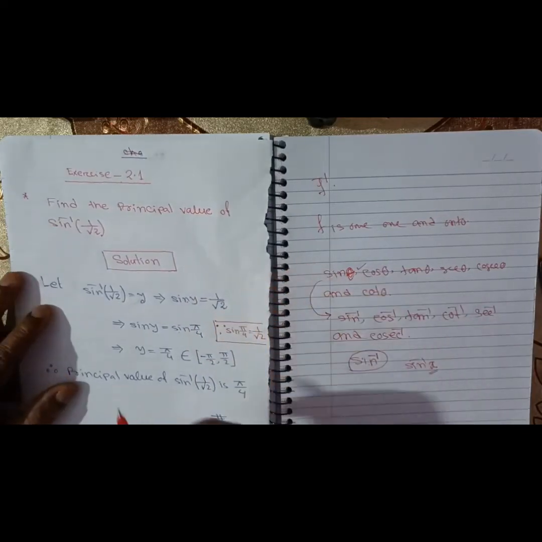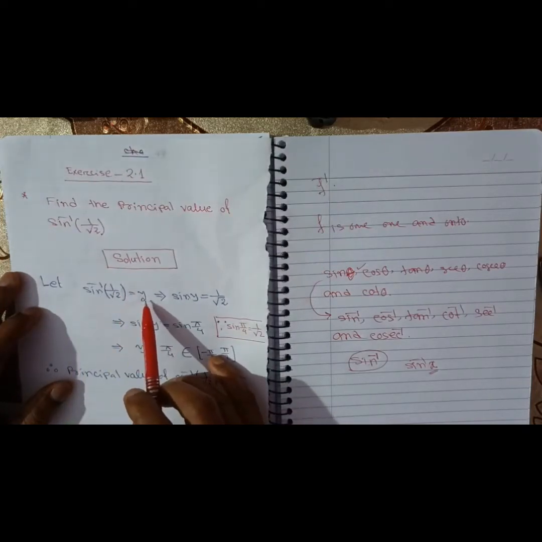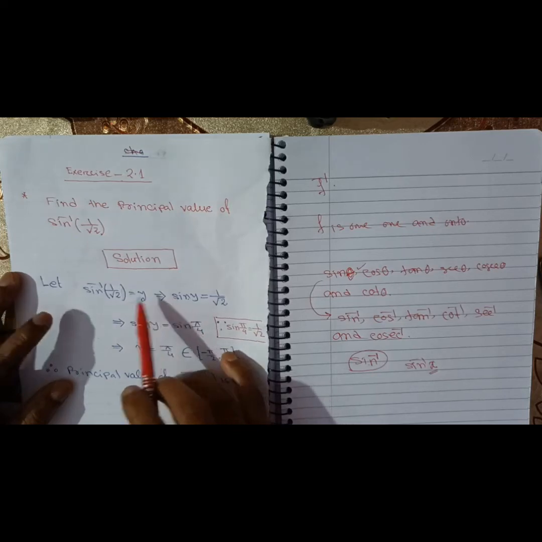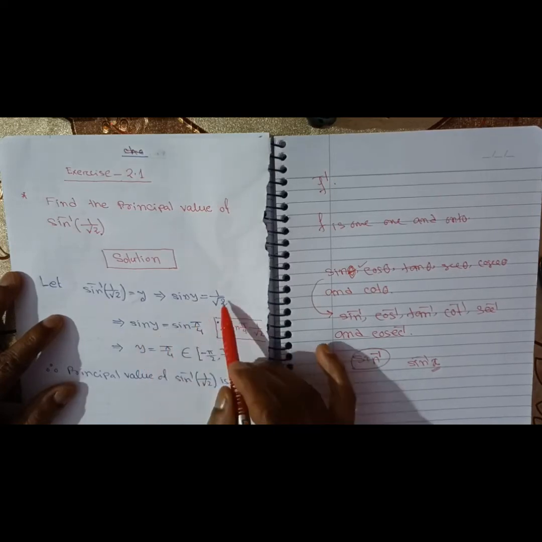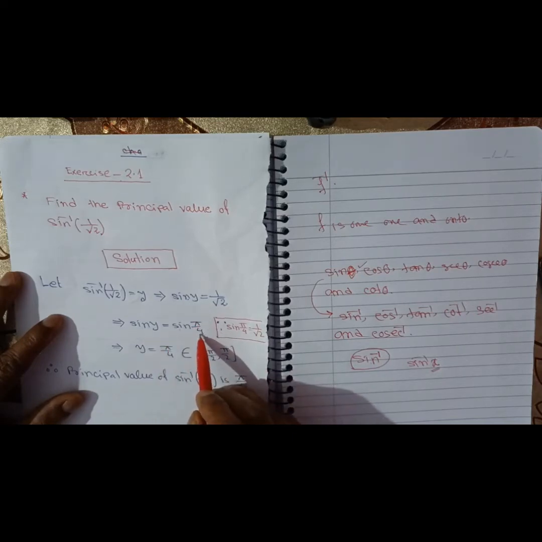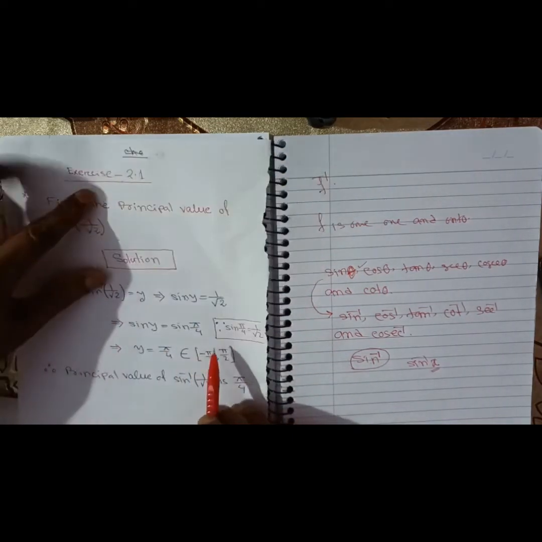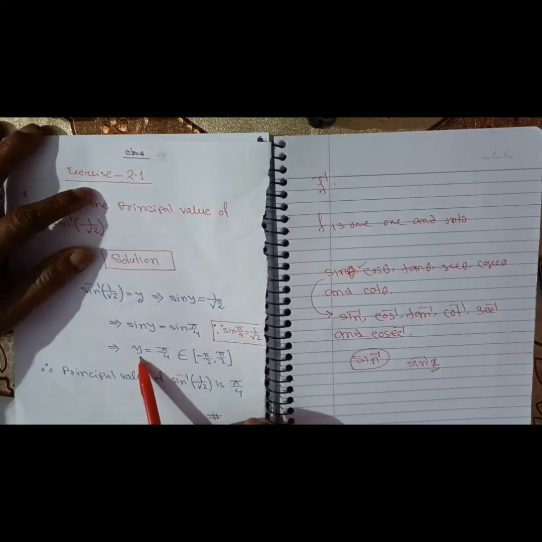That is the solution. For this we take sine inverse 1 by root 2 equal to y. This implies, if we interchange, sine y equals 1 by root 2. We know sine pi by 4 is equal to 1 by root 2. In place of 1 by root 2, we write sine pi by 4. So y is equal to pi by 4, which belongs to minus pi by 2 to plus pi by 2.